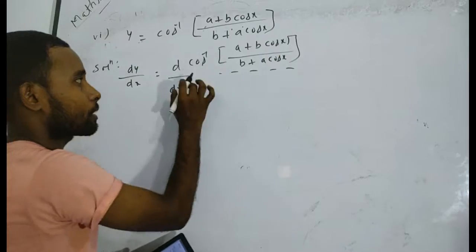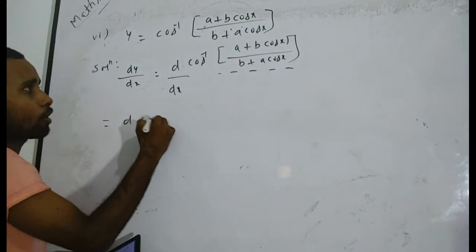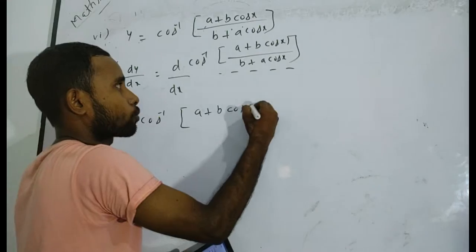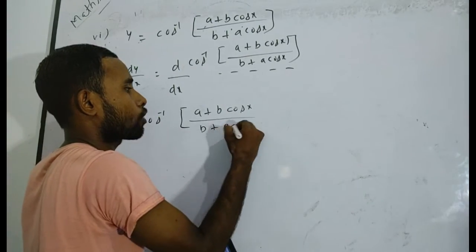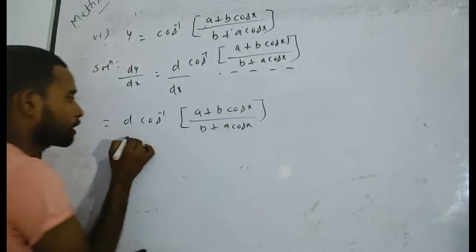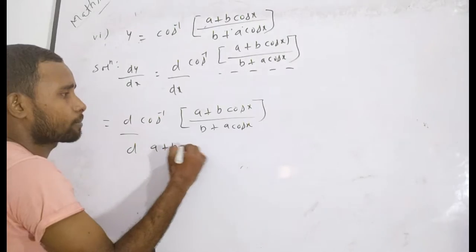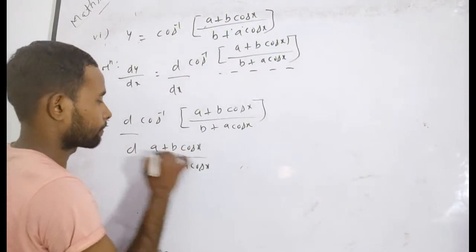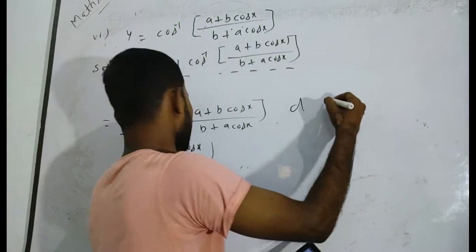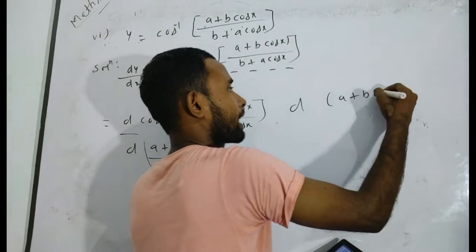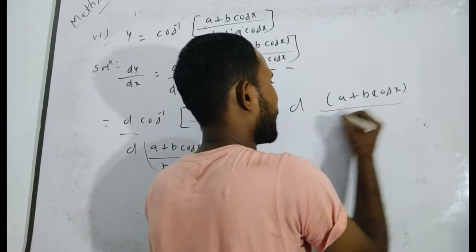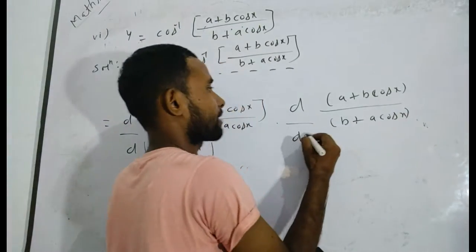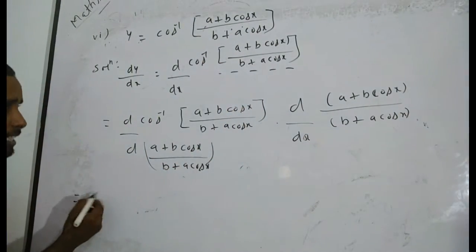So cos inverse p is first differentiated with respect to p, that is, with respect to (a plus b cos x) divided by (b plus a cos x). Again you have to differentiate (a plus b cos x) divided by (b plus a cos x) with respect to which function? The x function.